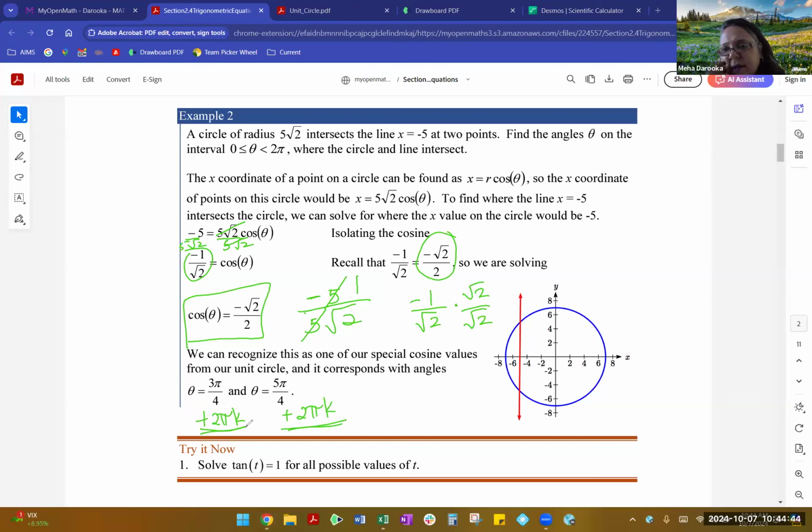What's the reason? What was the question prompt that was given to us as we started out this problem? Because right over here, they're telling us your theta needs to stay between 0 and 2 pi, right?